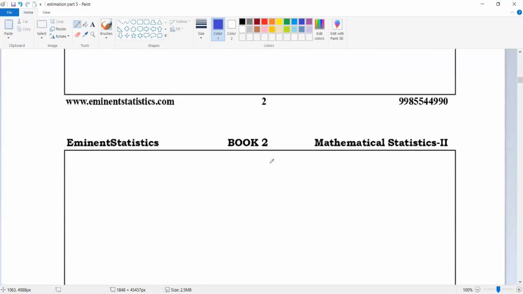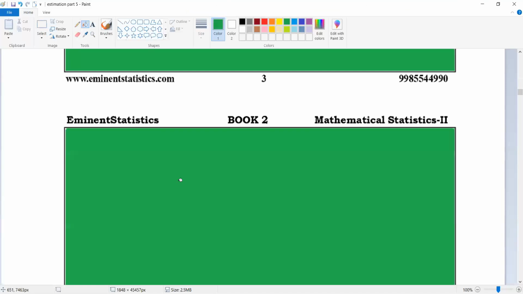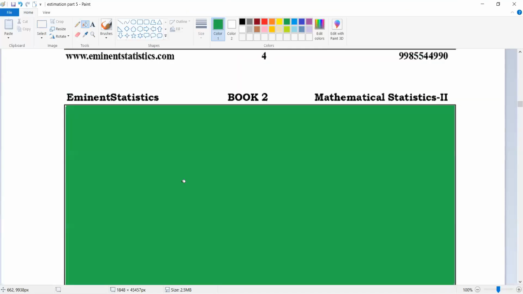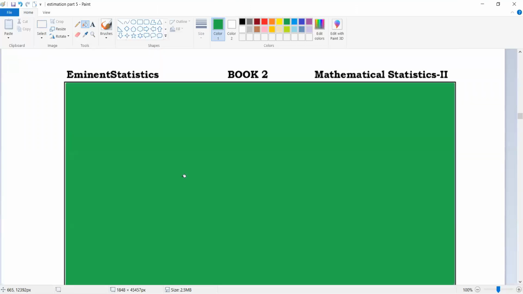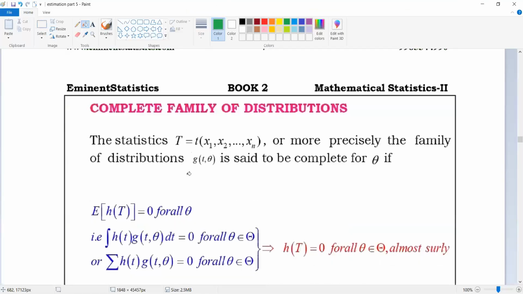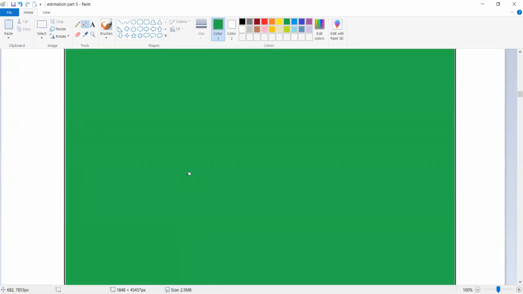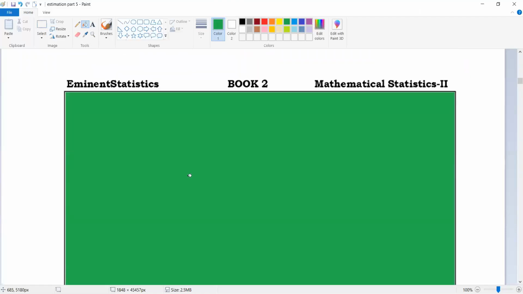Now, suitable examples. Solid examples. Example 1.